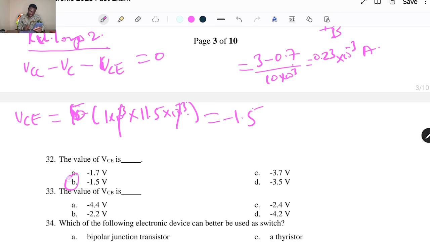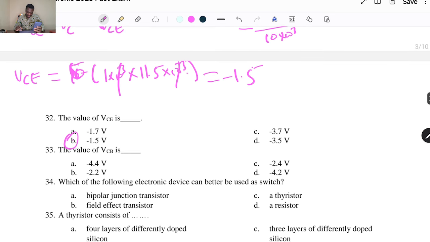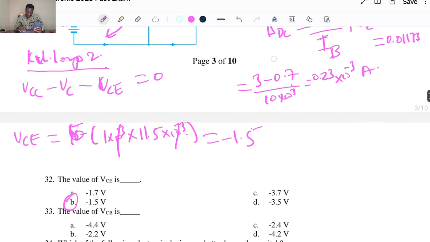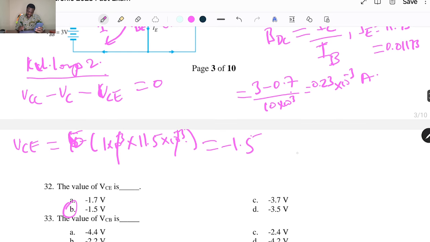So I'll put it to be B. Now the value of VCB. To get VCB, it's going to be the collector-base voltage. It's actually going to equal VCE minus VBE.